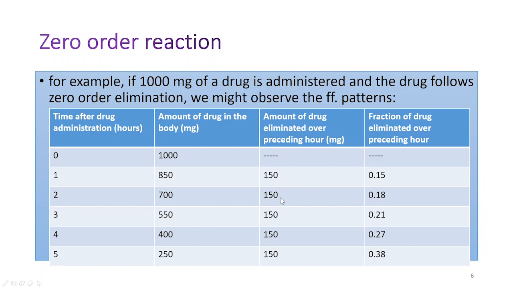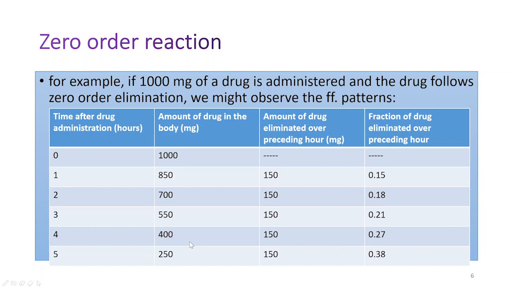And this 150 represents 0.18 of the 850. Then another hour passes, another 150 is eliminated, bringing the amount of the drug in the body to 550 milligram. And this 150 here represents 0.21 of the 700, and so on and so forth.